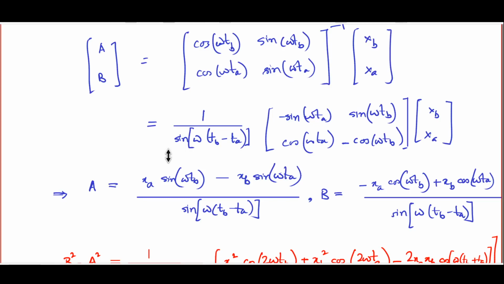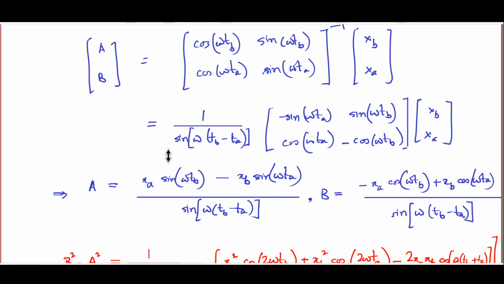The physical reason behind that is pretty easy to understand if you just think about the way in which a harmonic oscillator oscillates in the classical scenario. Sine of omega TB minus TA vanishing essentially means omega TB minus TA has to be a multiple of pi, and that actually tells you that you are exactly half a time period apart.